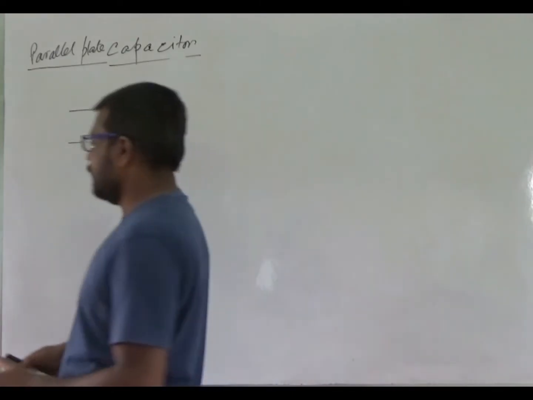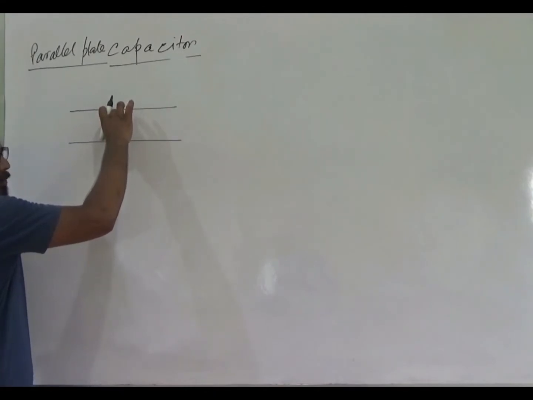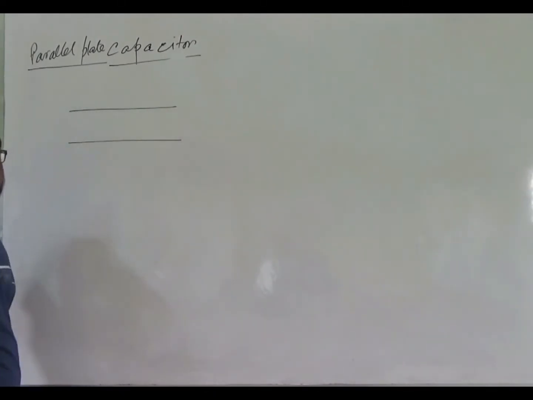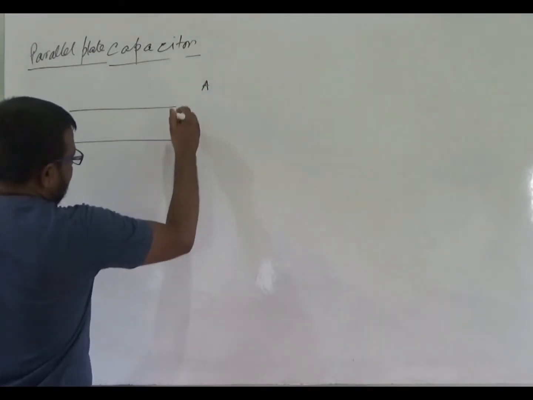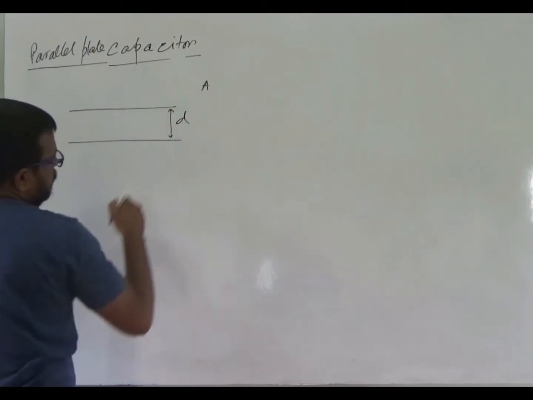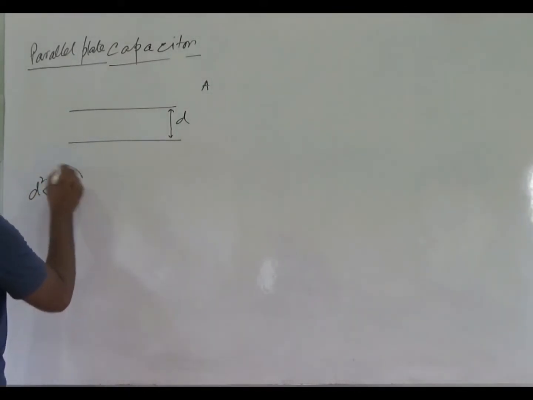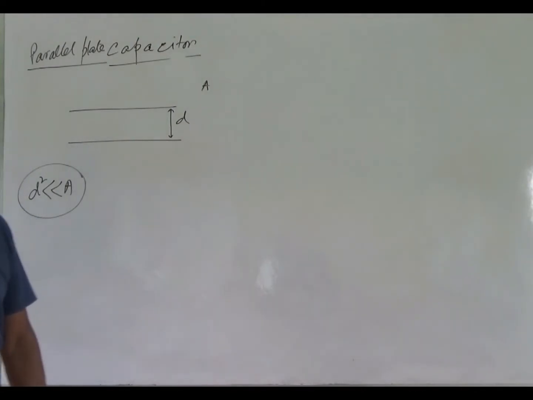In a similar way, if the distance between these two plates is very small, then these two plates can be considered as infinite. The area of each plate is A and d is the distance between the plates. Then if d squared is much less than A, these plates can be considered as infinite plates.